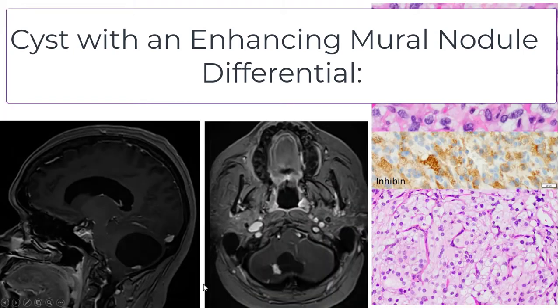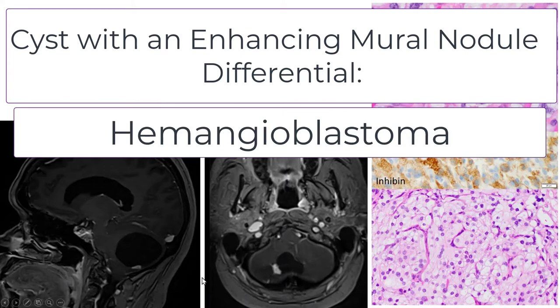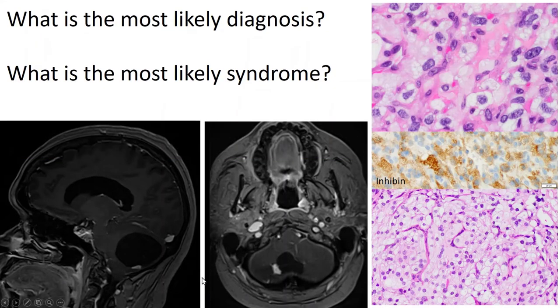But in the adult population, we want to add one more, and that is hemangioblastoma, especially if it's occurring within the posterior fossa. So if you didn't have this MRI to help you, would you be able to recognize this on just the morphology alone?